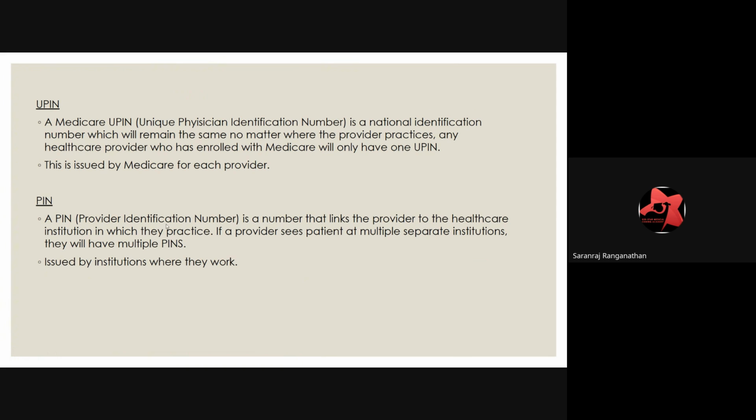This is issued by the institution where they work. It is like an employee ID: in this company one employee ID, in another organization a different employee ID, based on how the organization gives it. Based on the hospital, the institution will give the PIN. That is the difference from the UPIN.